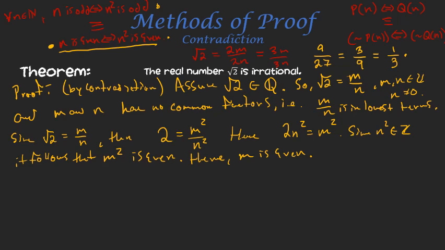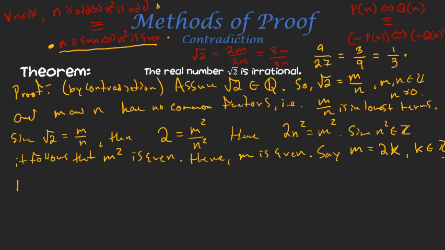Okay, what do we know about even numbers? We know we can write them as 2 times some integer. Hence, m is even. Let's say m is twice k for some integer k. All right, now we have m written as 2 times k, so let's plug that back up in the equation.